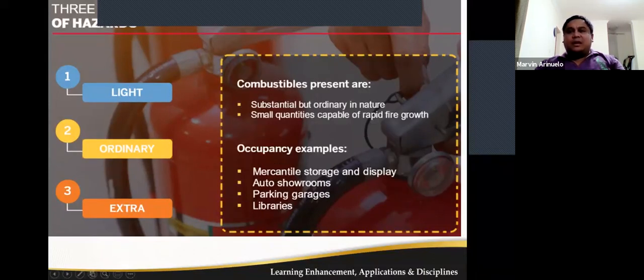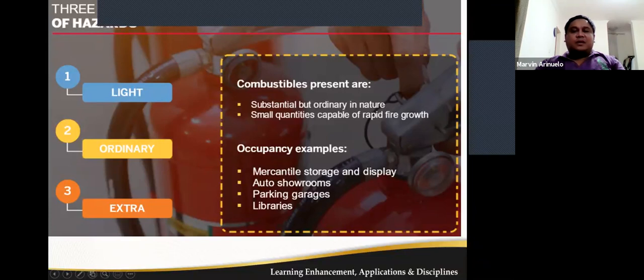And lastly, extra hazard exists in areas where there are substantial quantities of on-site combustibles whose nature or configuration would readily support rapid fire growth and a large fire. Warehouses with high-piled combustibles, woodworking areas, and aircraft servicing areas are considered extra hazard locations.